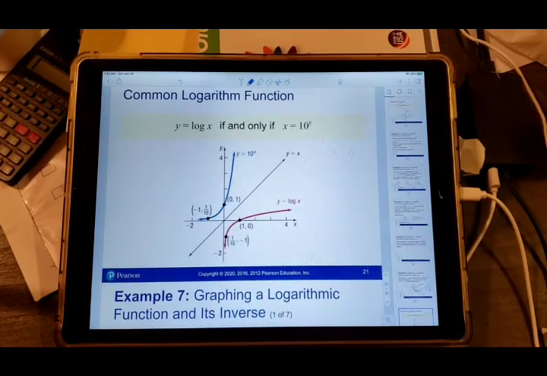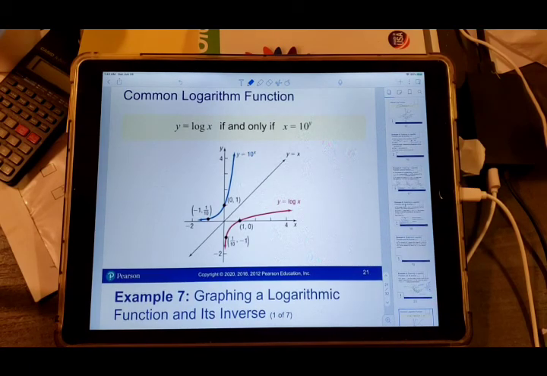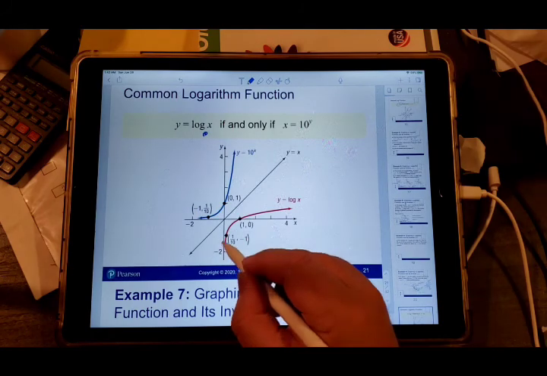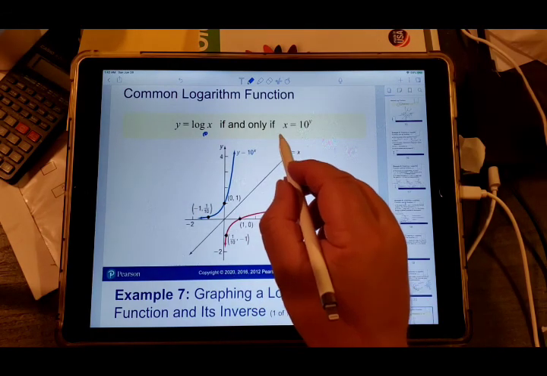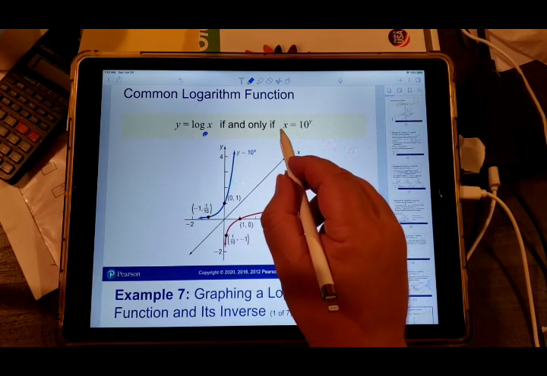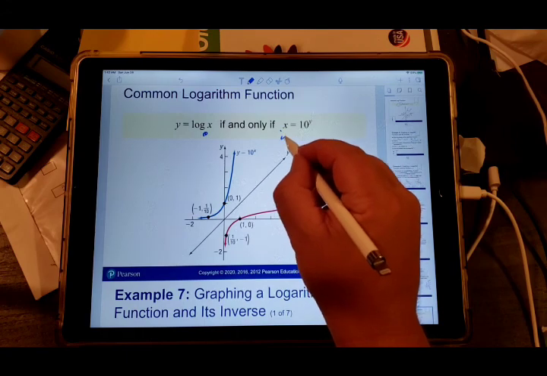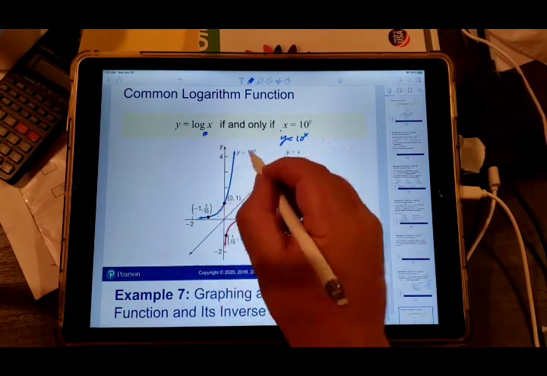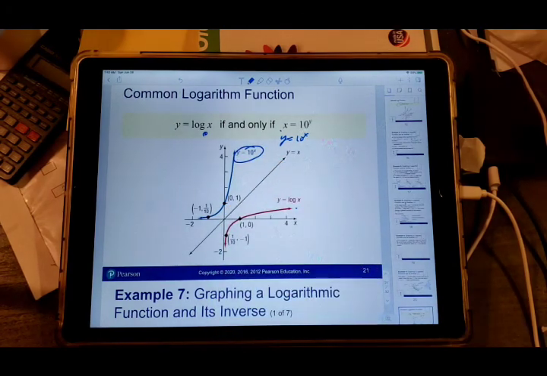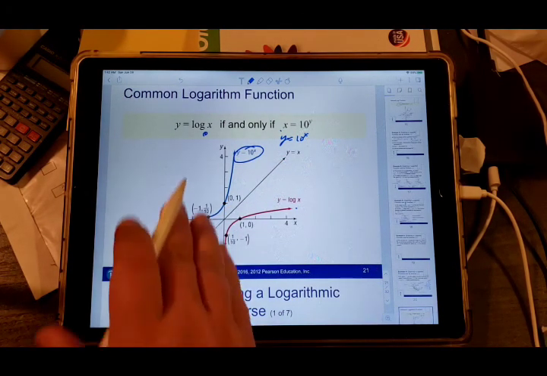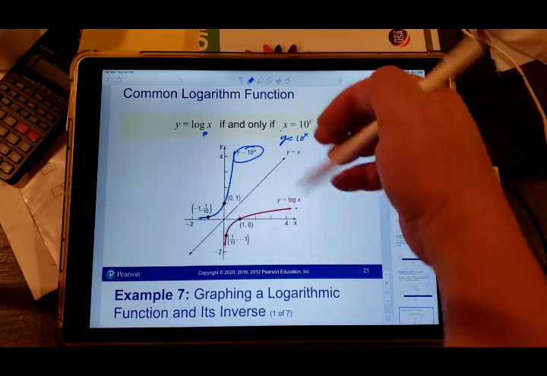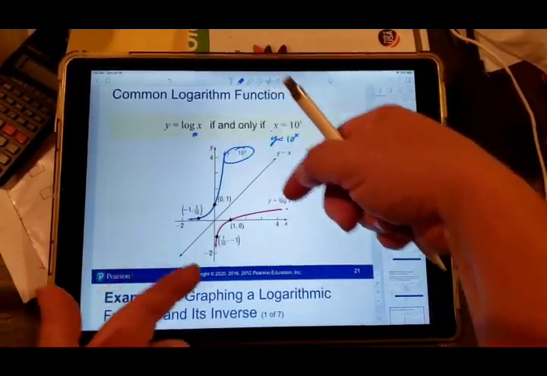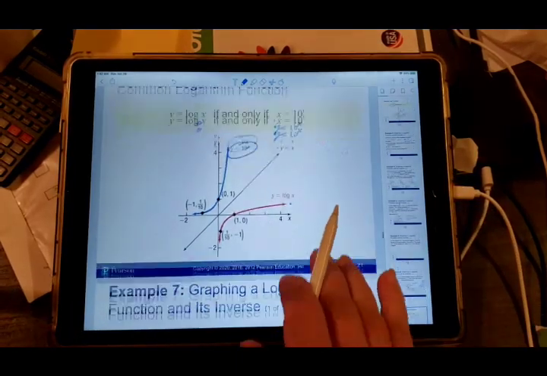Okay, that's not the actual one I was just talking about, but this one is log base 10. That's this one. And if I thought of it as y equals 10 to the x, that would be this one. Their inverse is, and they have that kind of obvious relationship where if I flipped it like a pancake through this line, they would superimpose on each other.